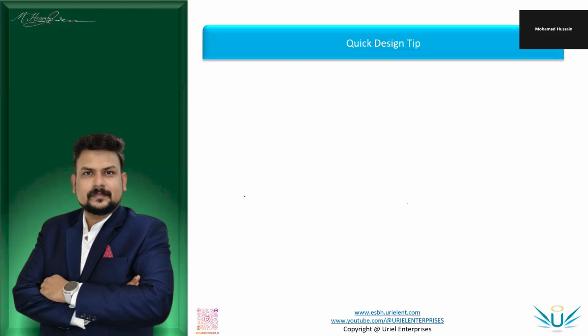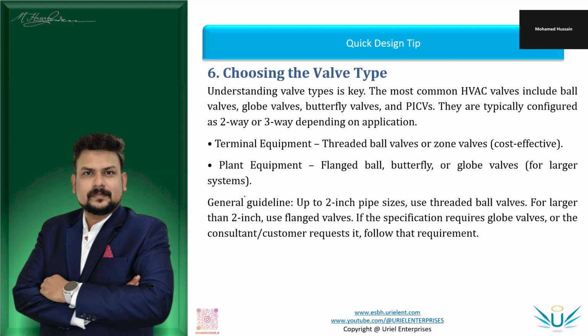Second, the valve type. We understand from the MEP drawing whether the signal type is modulating or on-off, but what is the valve pattern? Is it two-way or three-way? We have to collect that information from the MEP drawing.